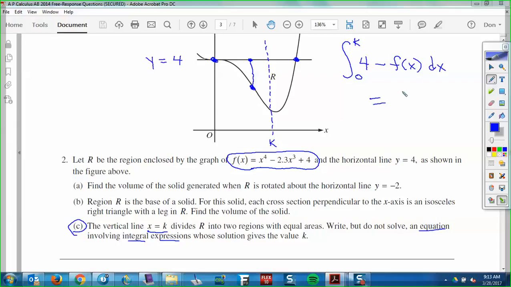Right? So it would be the area from k to what do you know about this point? It's 4. The y is 4, right?